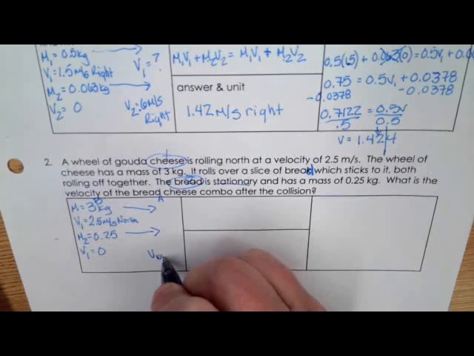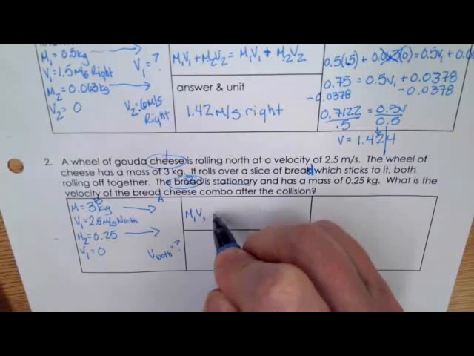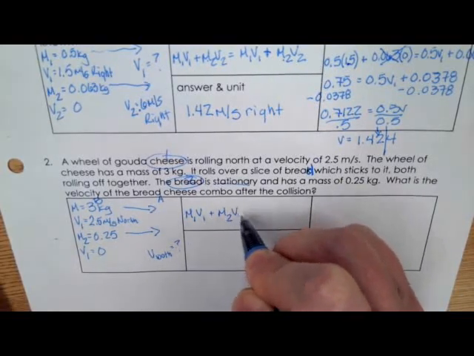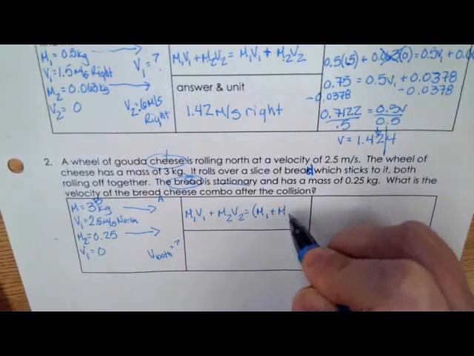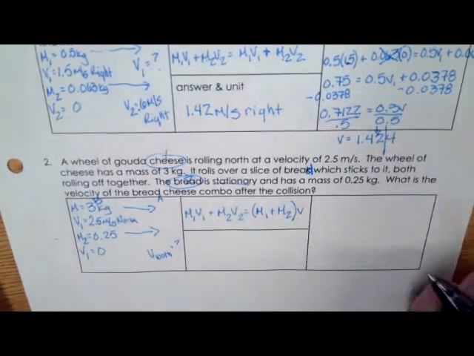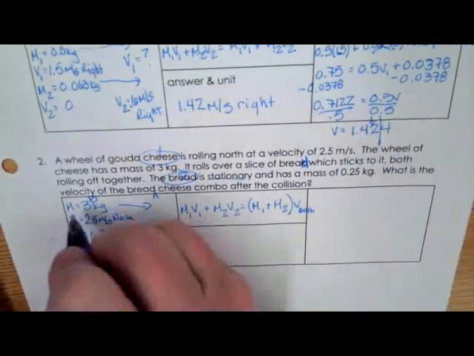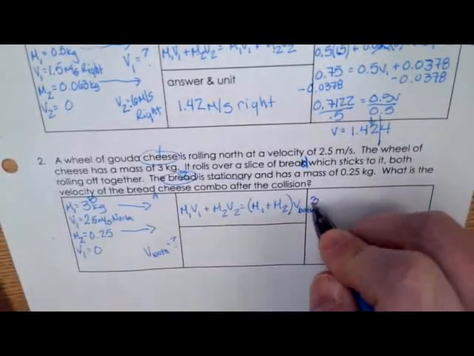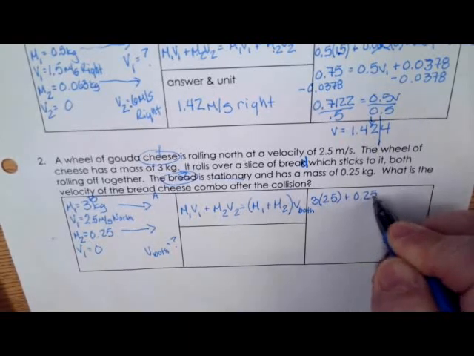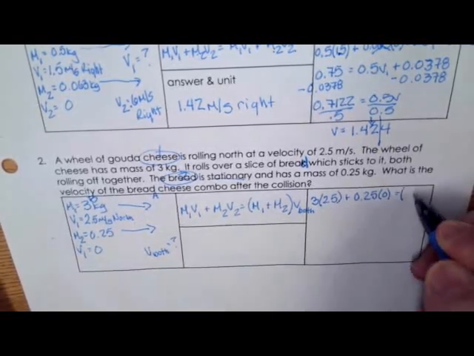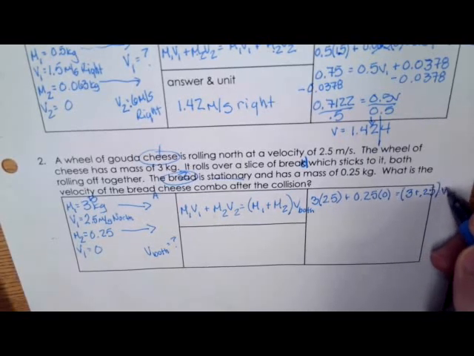The first part of the equation is always the same, equals, and because the two objects are now becoming one, we add their masses together and find the velocity. So we have 3 times 2.5 plus 0.25 times 0 equals 3 plus 0.25 times the velocity of them both.